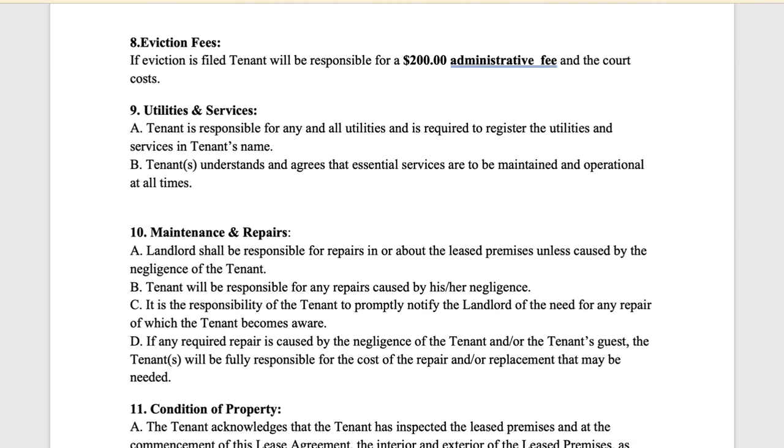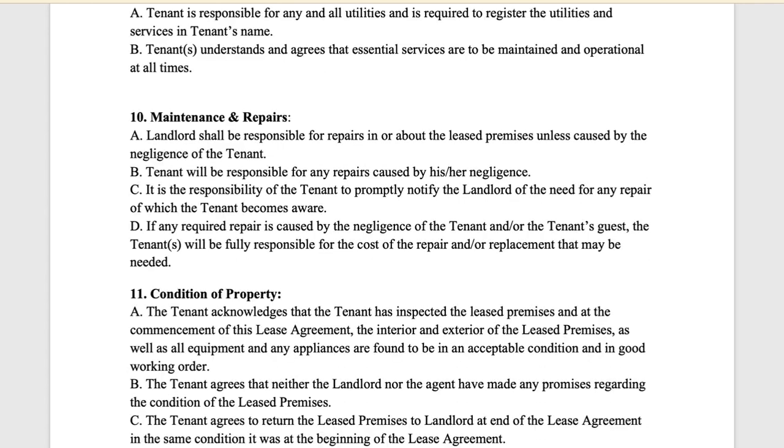Maintenance and repairs. This section here is basically saying that the landlord, of course, is responsible for any repairs that need to be done. But if there's any negligence in the tenant's fault where they have damaged the property, they are responsible for the repairs. They will incur that cost to get it fixed, okay? Section 11 basically explains the condition of the property.